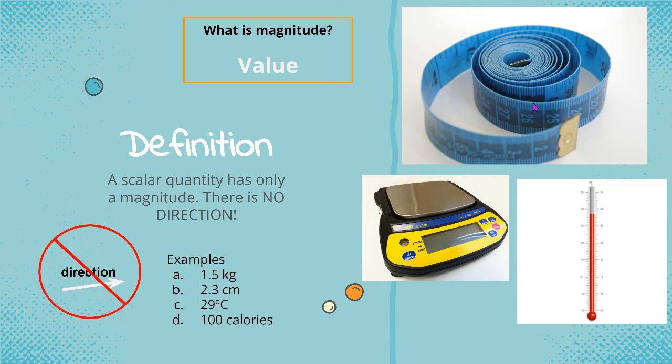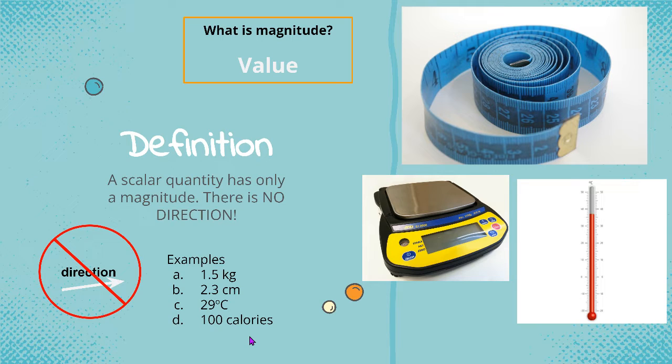This tape measure right here is a tool that is used for measuring scalar quantities, this balance, and also this thermometer. And then here are some examples of scalar quantities. This is all stuff that you should be used to, right? 1.5 kilograms, 2.3 centimeters, 29 degrees Celsius, 100 calories.